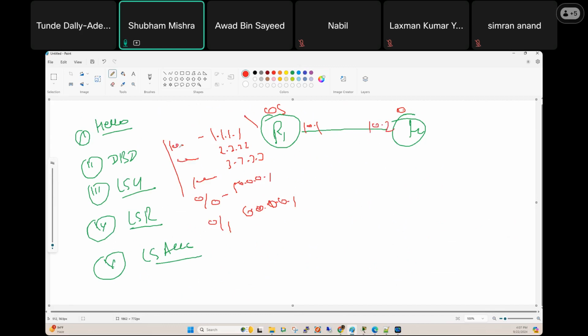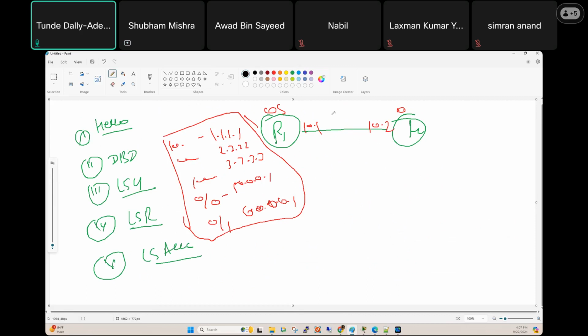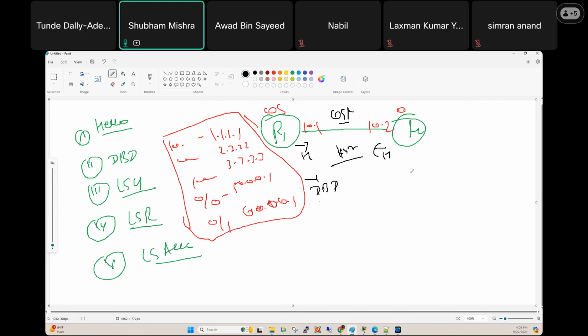Tell me one thing: this is the database of R1, yes or no? Everyone agree? You configure OSPF and it shares hello. After hello, both routers become neighbors. After that, both routers share which message?